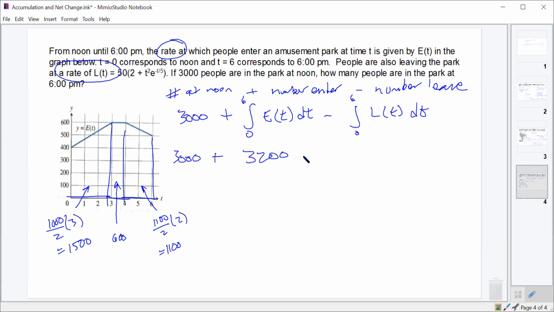Yeah. And let's see, L of t is just this function. We're given the function. All we need to do is integrate it using our calculator from 0 to 6. So what do we get when we integrate that function from 0 to 6?